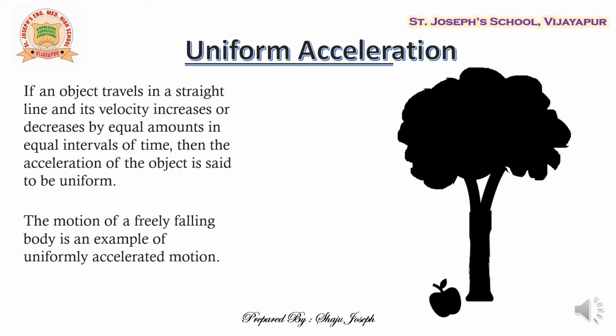Now I have two different velocities, y and z. I subtract them also. So z minus y divided by the same interval again. The earlier interval was t, now also it is t. So what do we get? z minus y by t. If both of the answers are same, that means the acceleration is same.